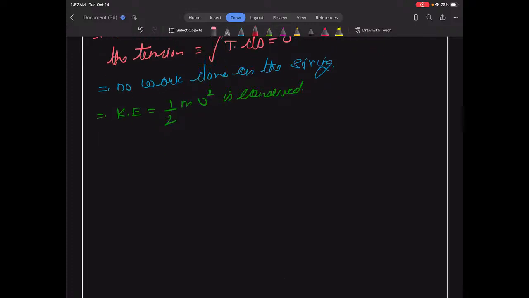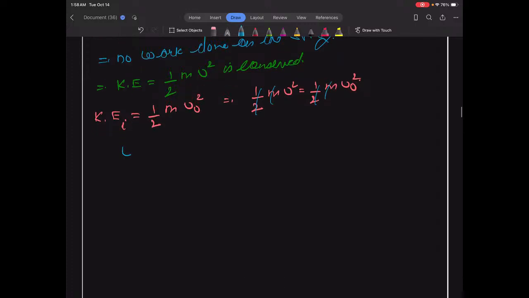And we can find out also our initial kinetic energy, that our kinetic energy initial is equal to half m v naught square. So if the kinetic energy is conserved, therefore we can write half m v square is equal to half m v naught square. Here half m cancels out, therefore we get that v is equal to v naught.